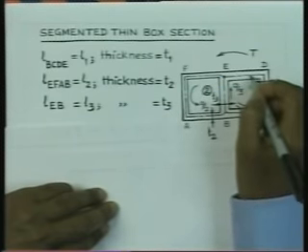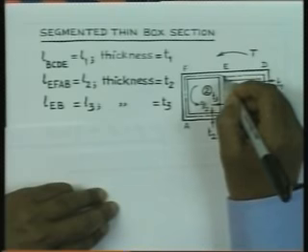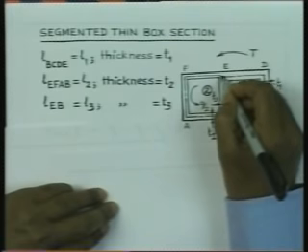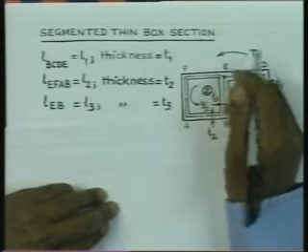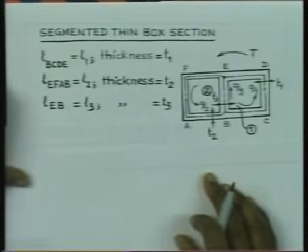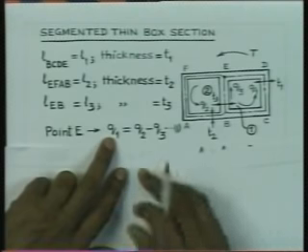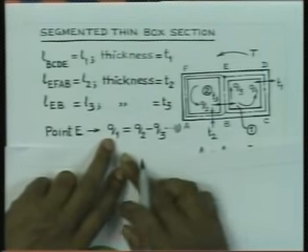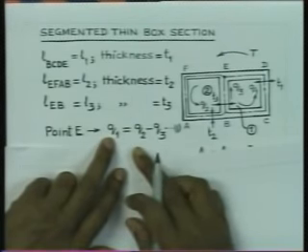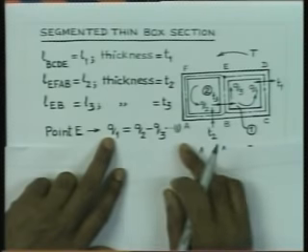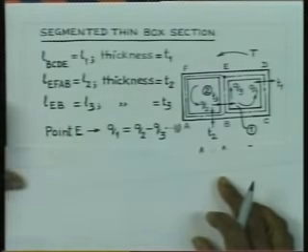So, we have two flows Q1 and Q3 coming towards this point. So, Q1 plus Q3 is the incoming flow and outgoing flow is Q2. So, from the flow analogy we can get from the point number 1 that Q1 plus Q3 is equal to Q2 or Q1 is equal to Q2 minus Q3. That is equation number 1.